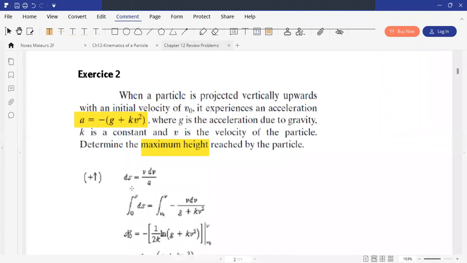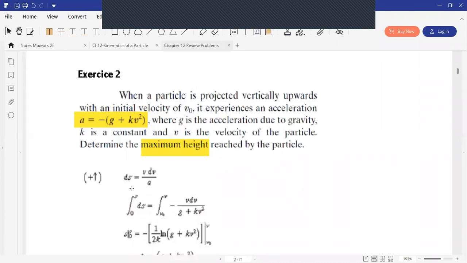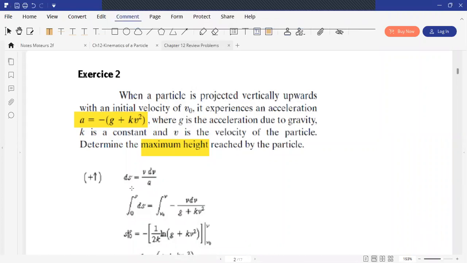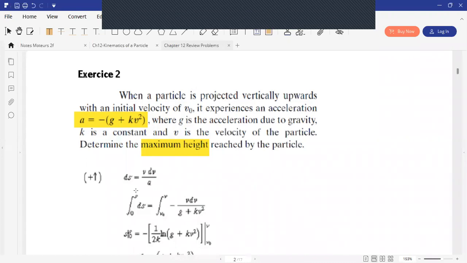At maximum height, what will be the velocity? Who can tell me? Zero. Very good. At maximum height, the velocity is equal to 0. So now I will integrate from 0 to S and from V0 to 0.